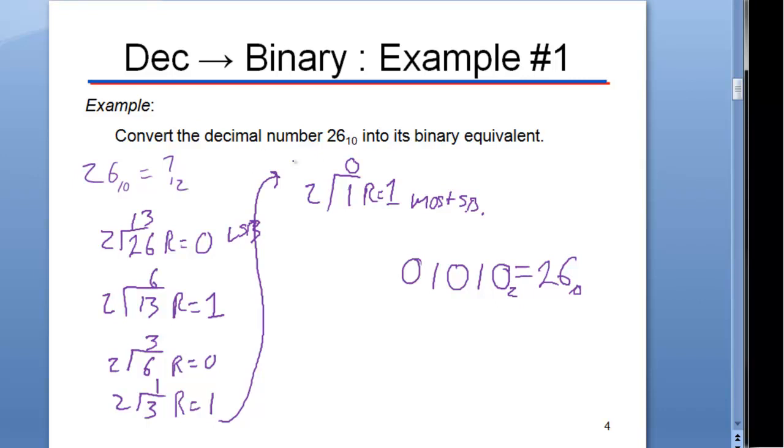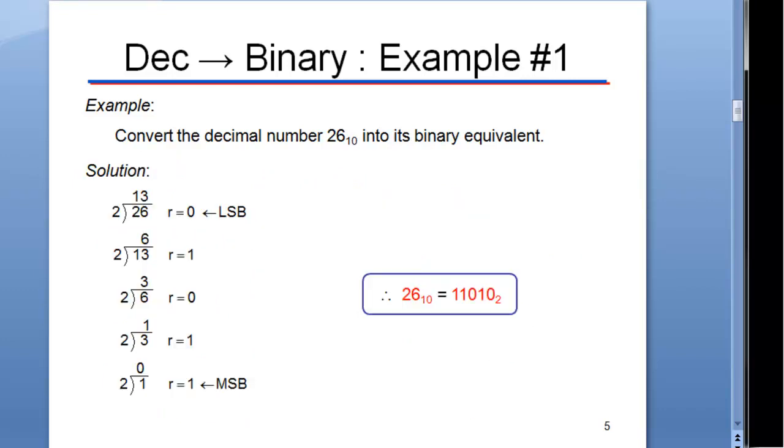This last one should be a 1. So 1, 1, 0, 1, 0 equals 26. That is how you'd work that out. Here's what it looks like in a prettier version: 26 divided by 2, then 13 divided by 2, then 6 divided by 2, and you come out with 11010.